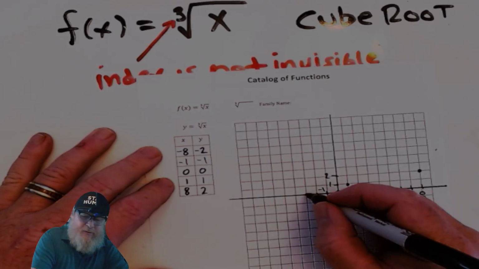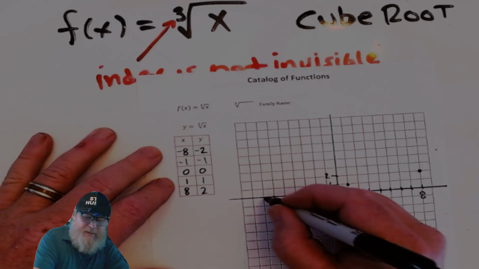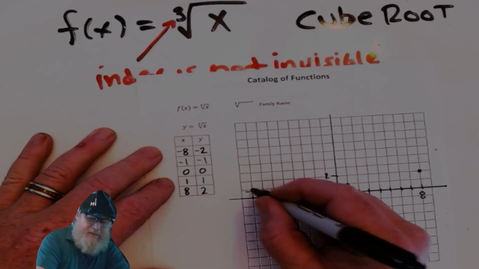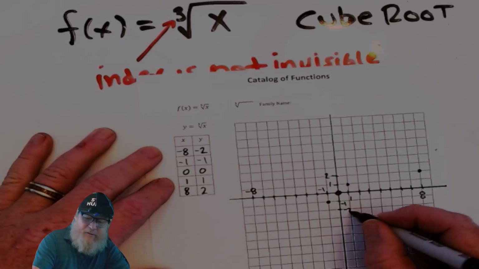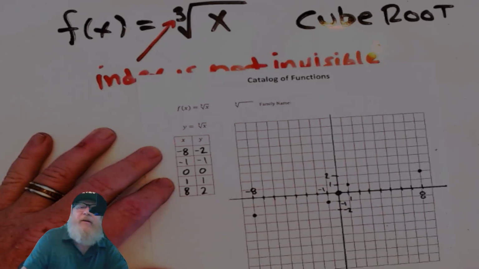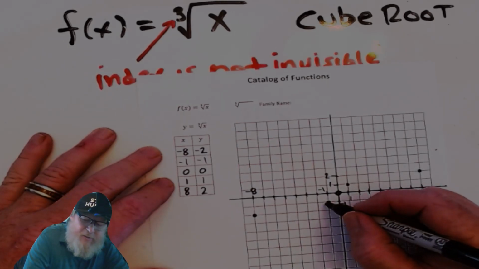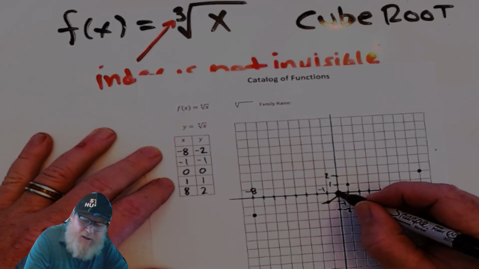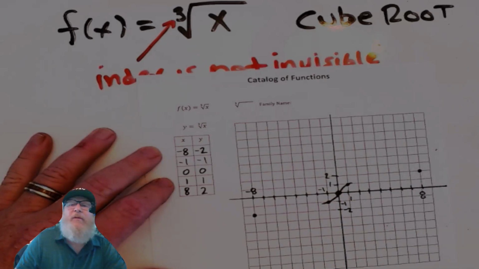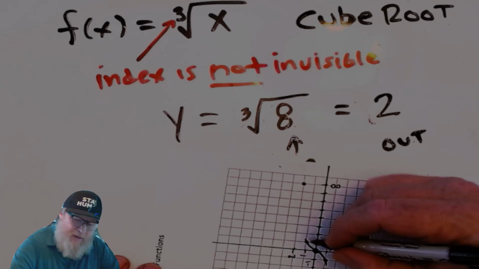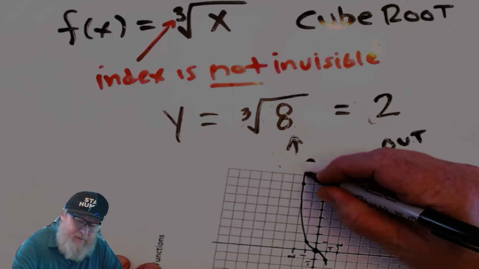And then 2, 3, 4, 5, 6, 7, -8 and -2 over here. And I like to do the middle part first, kind of draw like an S shape, and then try to connect the other dots.